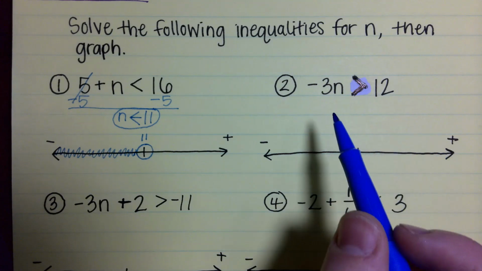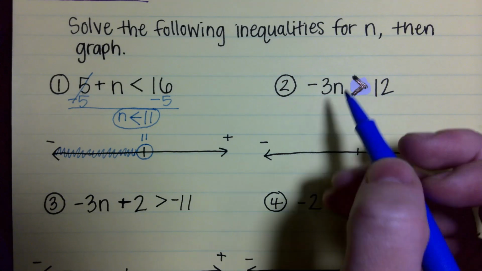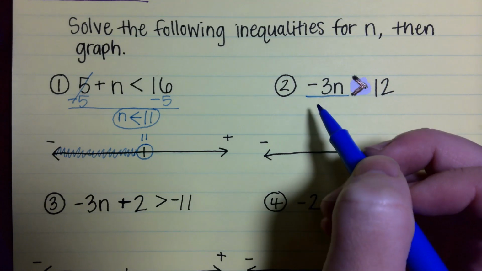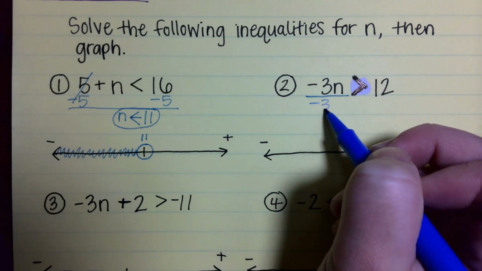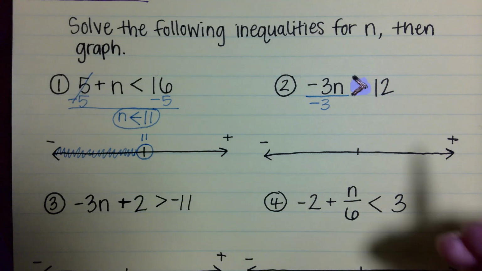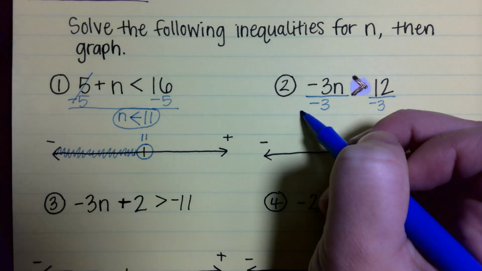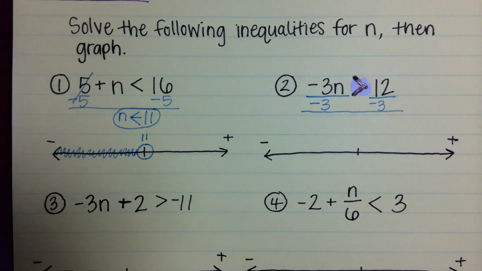To get rid of negative 3 and get n by itself, we're going to do exactly what Jenny said. We'll do the opposite of multiplication, and we'll do division. So I divide by negative 3 on this side, and under the 12, I do it on the other side. What happens next?